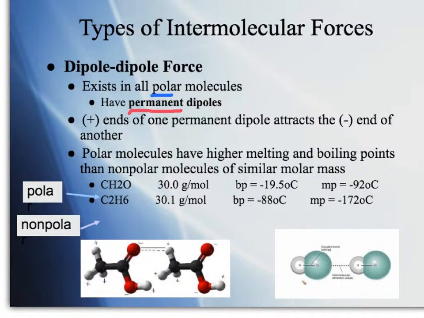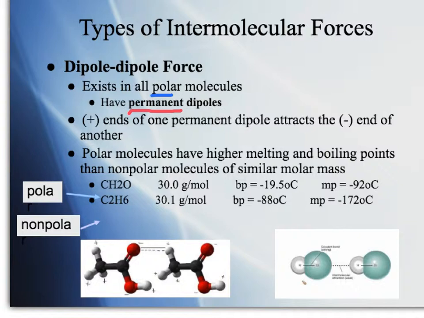All right, so polar molecules have higher melting and boiling points than nonpolar molecules of similar molar mass. As previously said, dispersion forces are dependent on mass. Dipole-dipole forces are not dependent on mass as much.